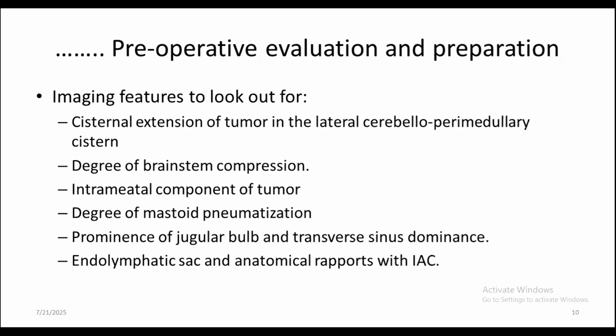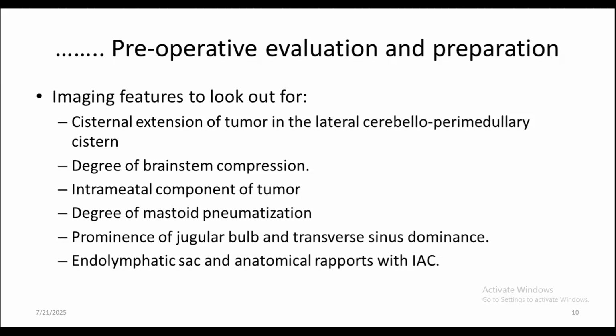The imaging features that one is supposed to look out for involve the cisternal extension of the tumor within the cerebellomedullary cistern, the degree of brainstem compression, the intrameatal component of the tumor, the degree of mastoid pneumatization, prominence of the jugular bulb, and the transverse sinus dominance, which is important for the jugular bulb prominence.